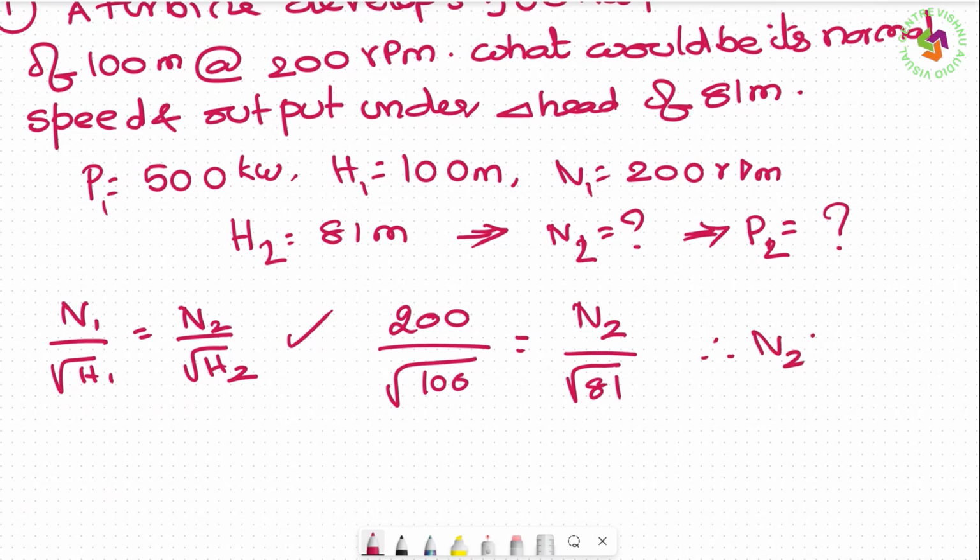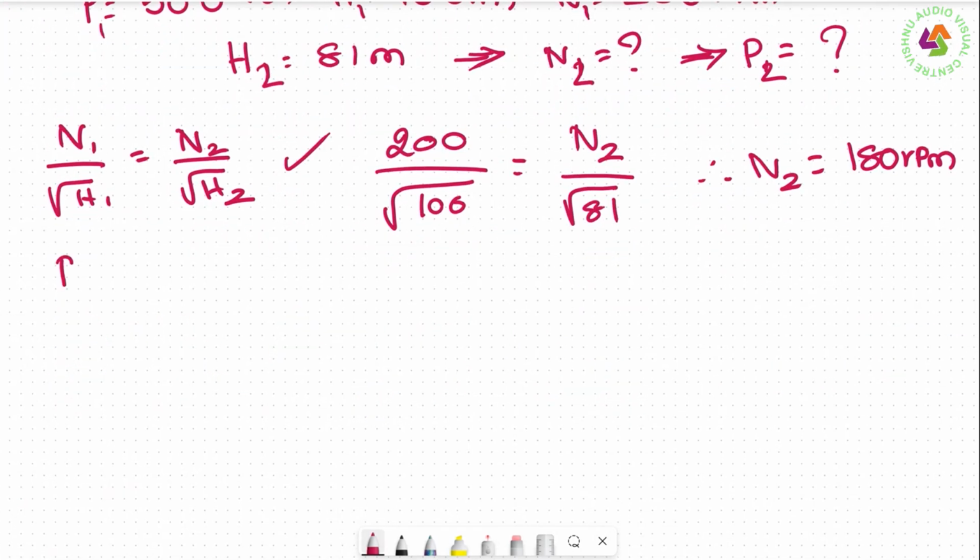Therefore, N2 is equal to 180 rpm. Then similarly, P1 divided by H1 to the power of 3 by 2 is equal to P2 divided by H2 to the power of 3 by 2.